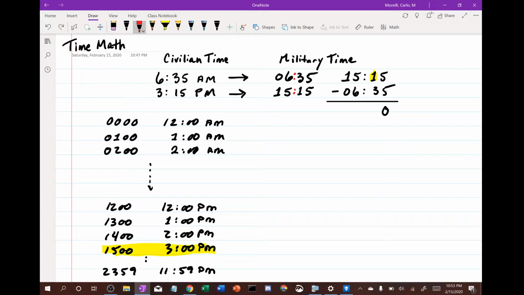What you have to do is cross out the 5 and make it a 4. But you have to add 60 minutes to these 15 minutes here. See, because you're adding a whole hour, you're adding 60 minutes.